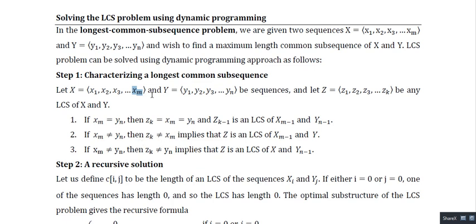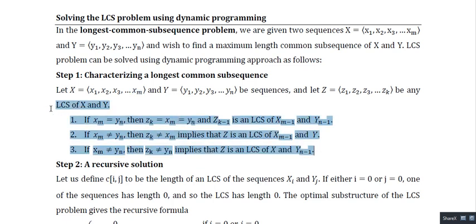Okay, so zk does not equal xm, so we'll just exclude this character, so it will be up to xm minus 1 and Y will remain the same. And the last condition is just the reverse: zk not equal to yn, so we'll just check in whole X and yn minus 1, right? So this is how we can characterize the LCS problem, right?